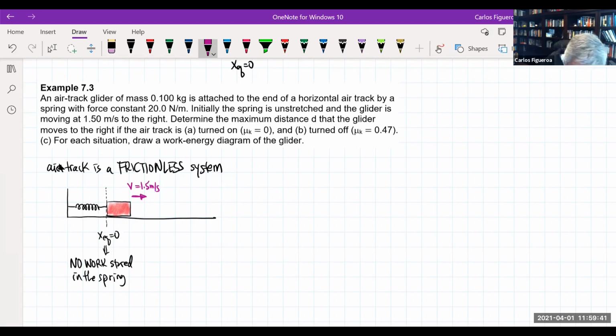If it's on, then this surface is frictionless, and that's what they mean by mu k equal to 0. So this little guy is going to chuck it all the way to, let's say, right here.